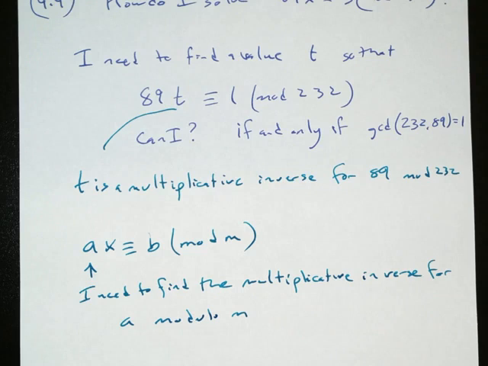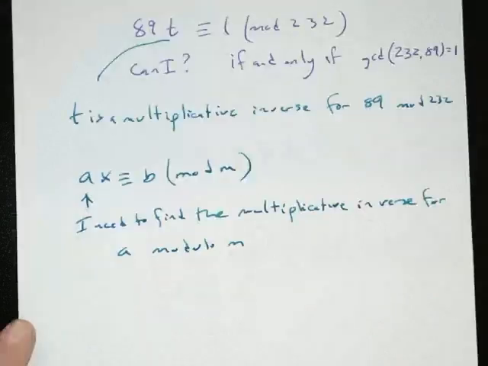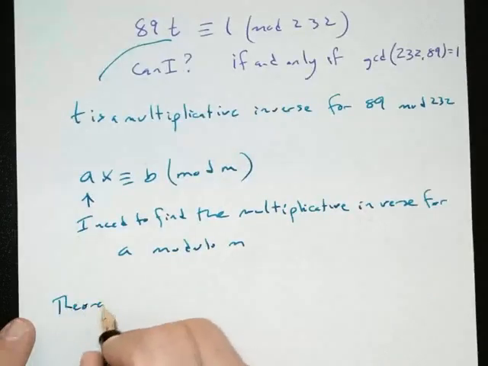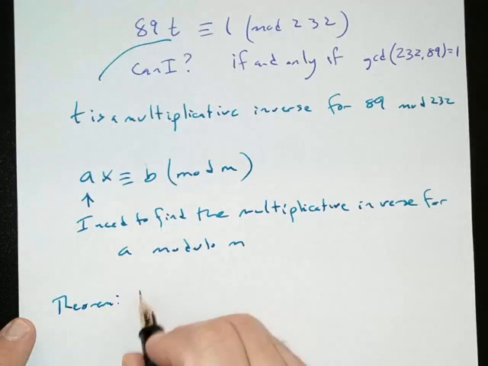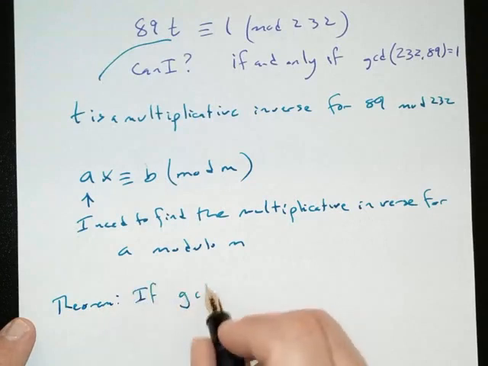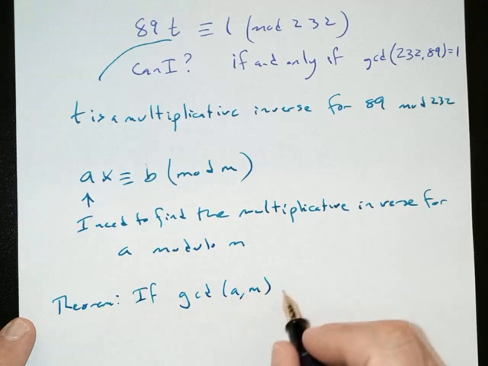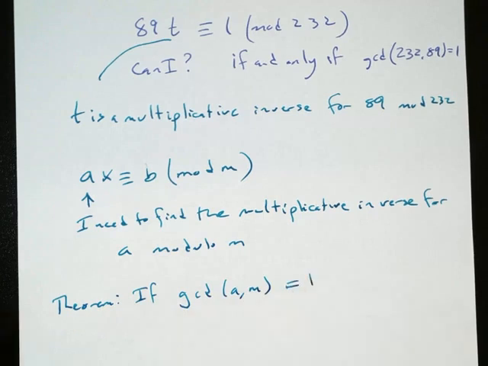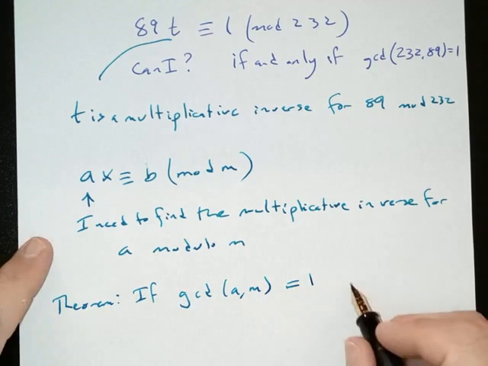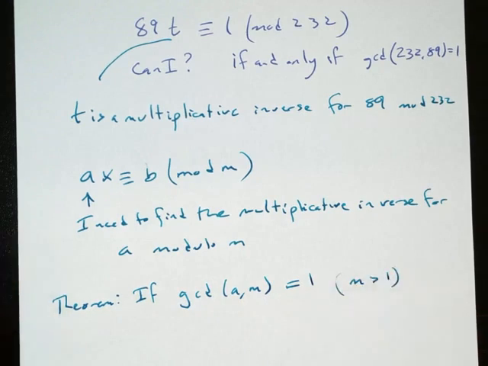When can't I? Well, there's a very nice theorem. If the greatest common divisor of A and M is 1, then A has not just a multiplicative inverse, but a unique multiplicative inverse, mod M.